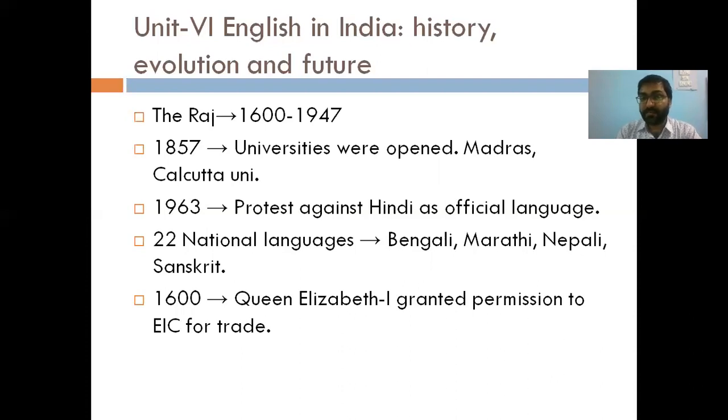When India got freedom, people protested, especially in North India, to make Hindi the official language. There were 18 national languages, now 22, like Bengali, Marathi, Nepali, Sanskrit. These people protested against accepting Hindi as the official language.